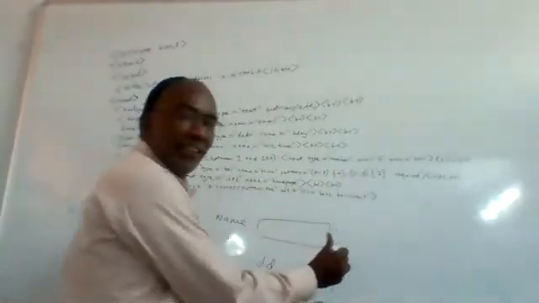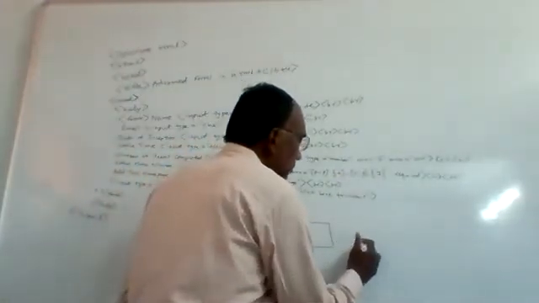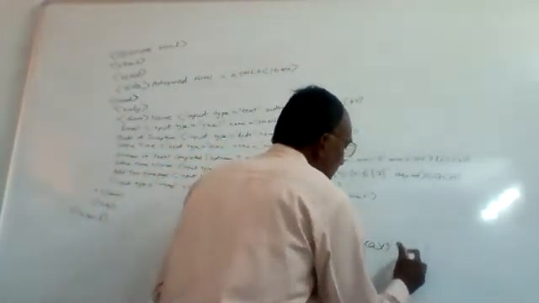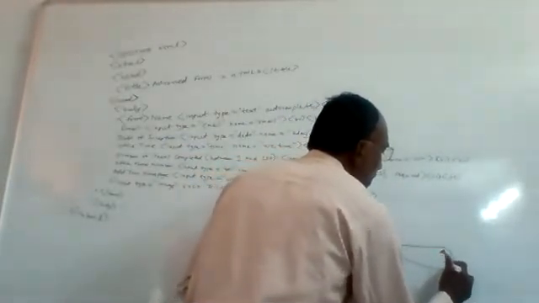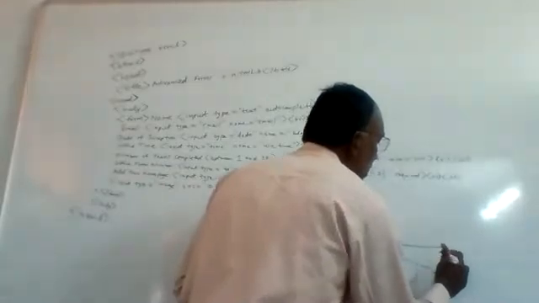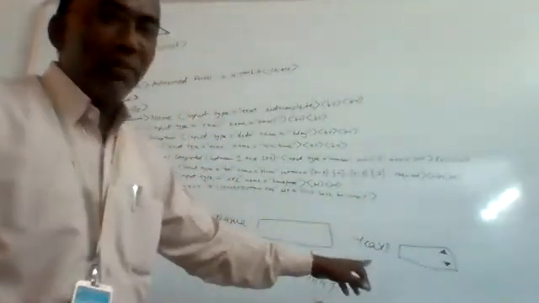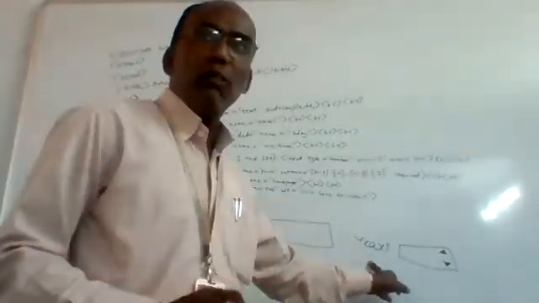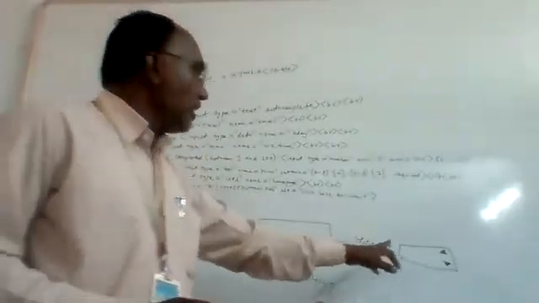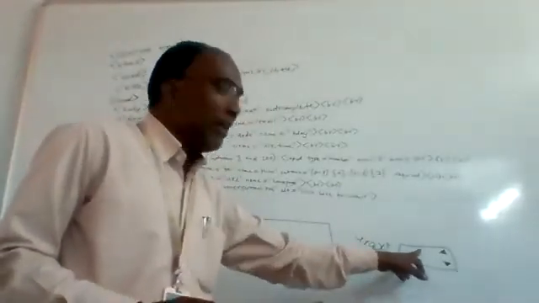So it will display like this: number of years completed between 1 and 100.